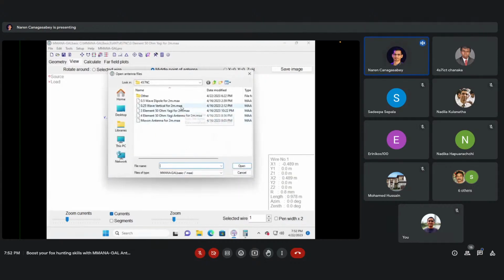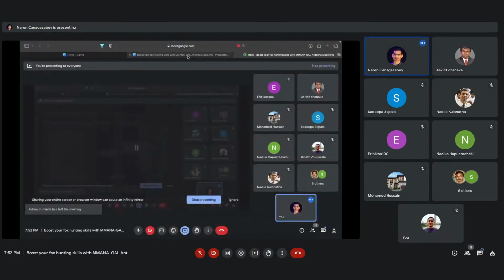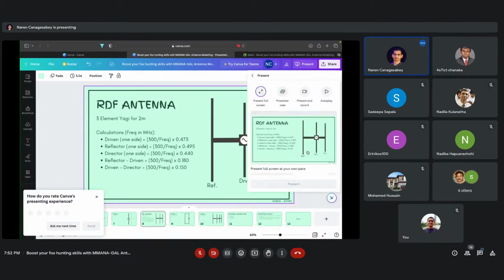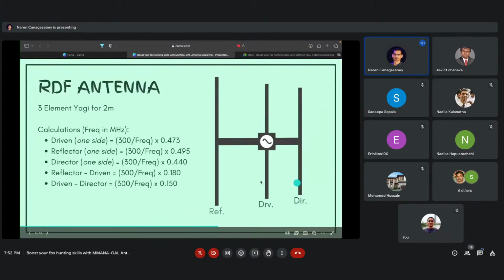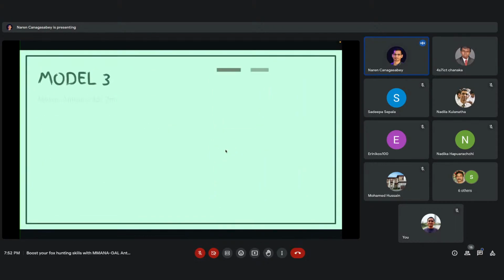Now over to the comparison antenna. So we'll start with a Moxon antenna for 2 meters. Let me first show you what it looks like. Okay, so this is the comparison antenna.